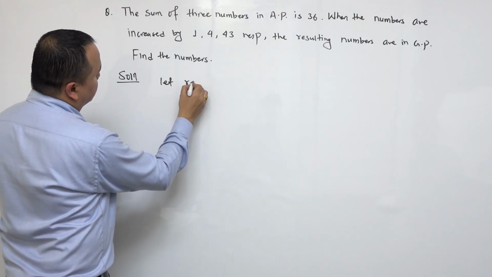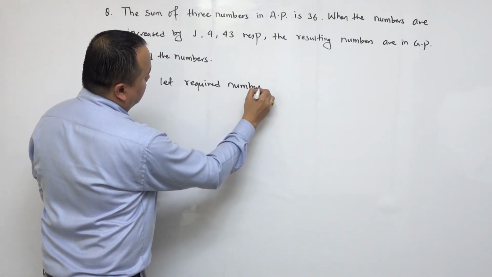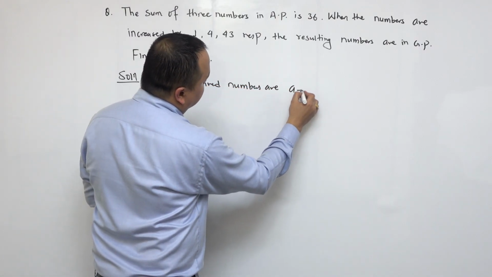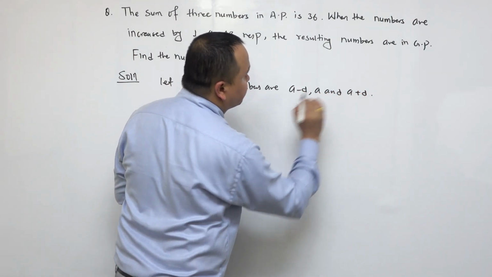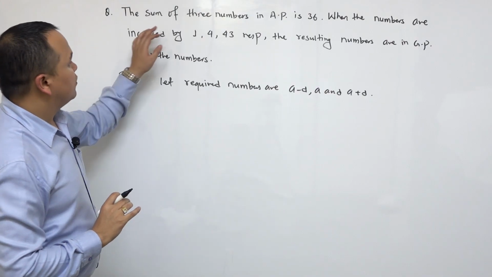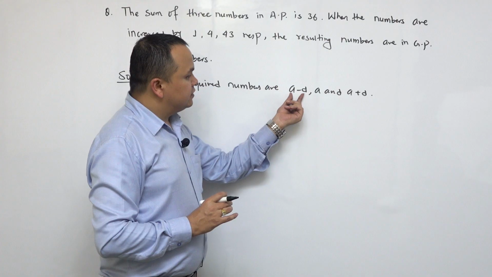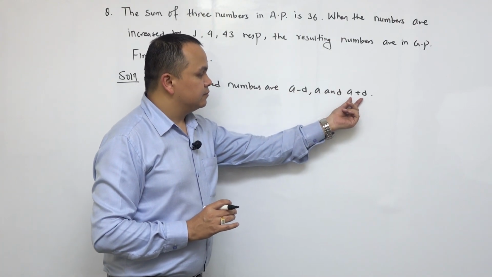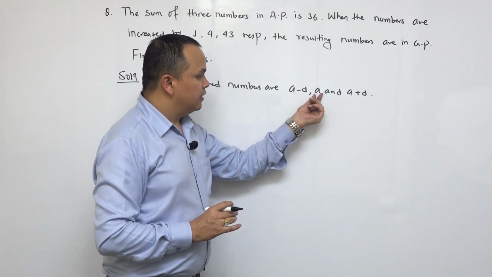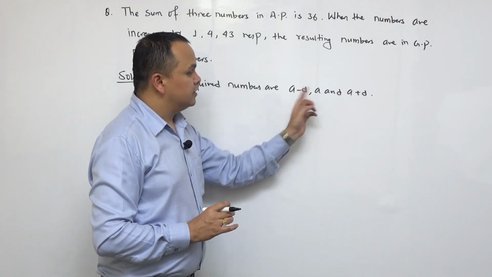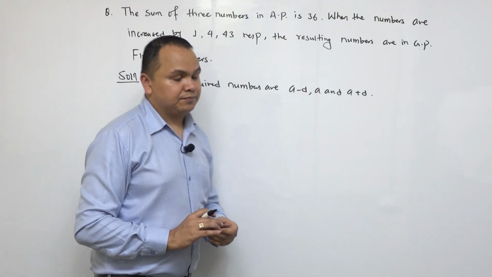Let the required numbers be A minus D, A and A plus D, because the three numbers are in AP. Each number increases by D from the previous one.